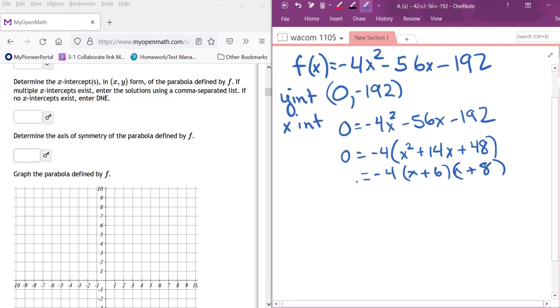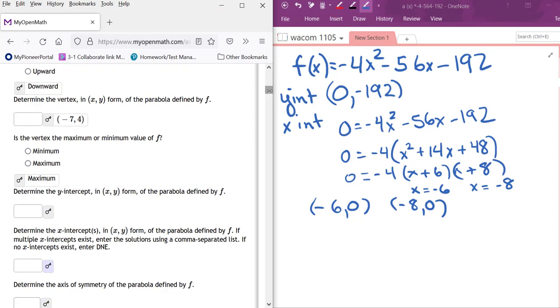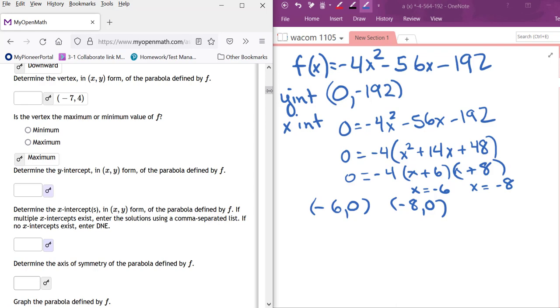And then you're going to set each of these equal to 0 and solve. There's no variable with your negative 4, so it's not going to matter. So this will be x equals negative 6 and x equals negative 8. So negative 6, 0 and negative 8, 0 are your x-intercepts. Y-intercept, 0, negative 192. X-intercepts, negative 8, 0, negative 6, 0. We're good there.